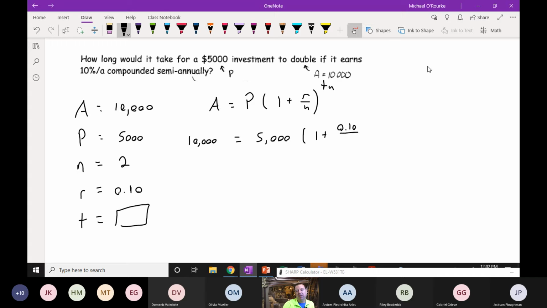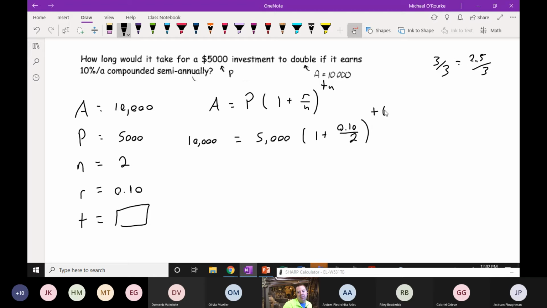A question like this would be like a 3-mark question, right? What's 80% of 3 marks? You would get a 2.5 out of 3 using the TVM solver, right? Very minimal.